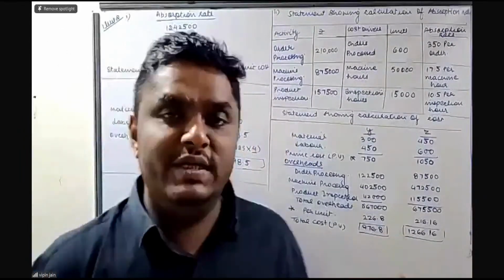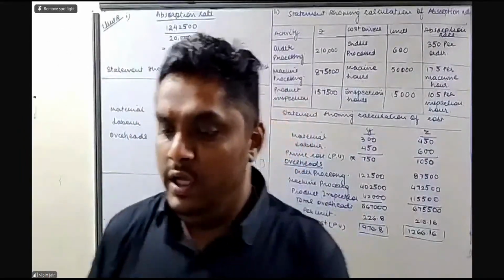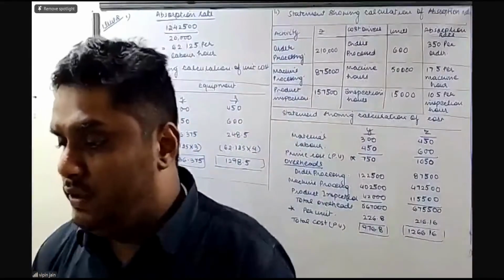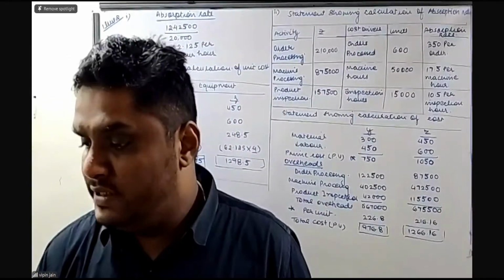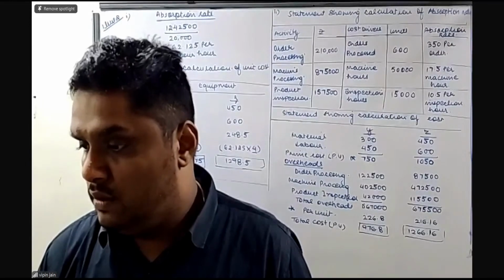So again, the same process I have followed in this question also. If you guys have any doubts or queries relating to this question or the process, you can please put up your queries.